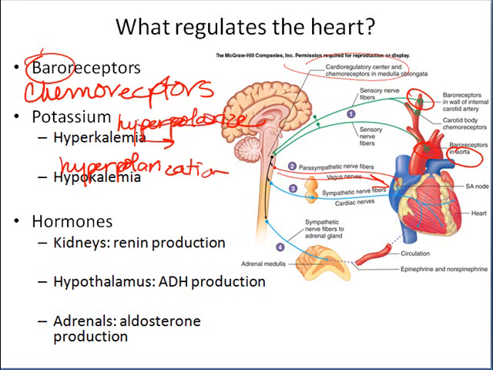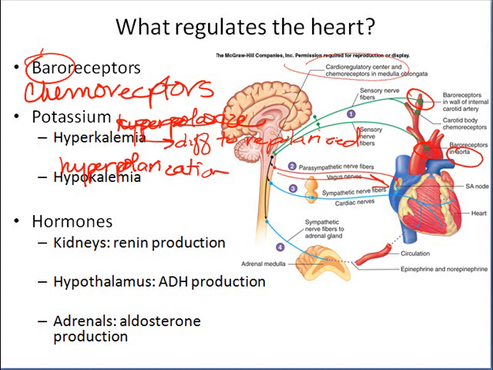Whereas for hypokalemia, it's more that it's hyperpolarized. I wouldn't ask you that difference on a test. You should know, however, that hyperkalemia leads to cardiac arrest during diastole, whereas hypokalemia makes it more difficult for the heart cells to reach threshold because they're hyperpolarized.